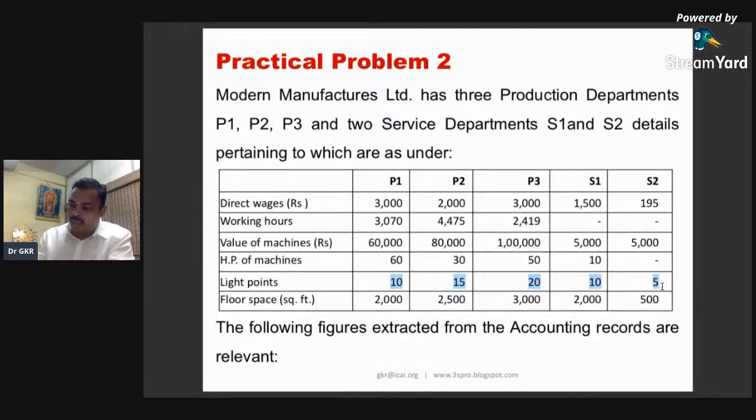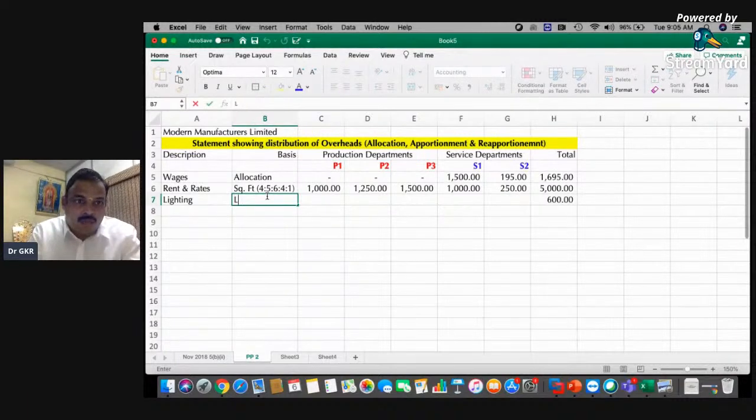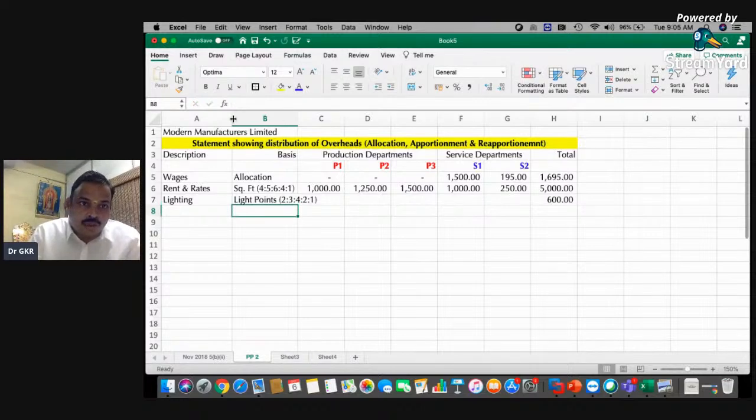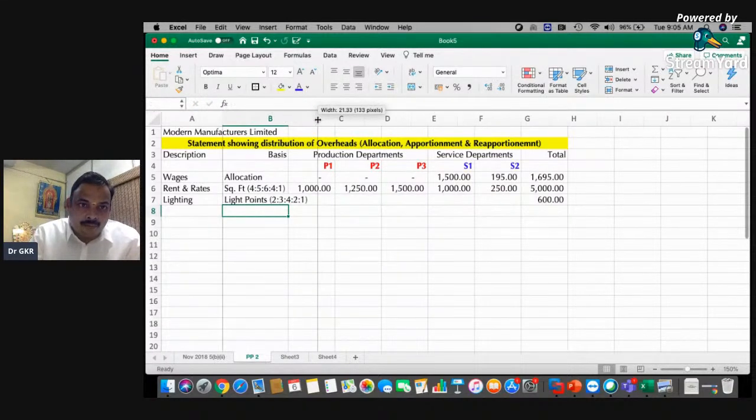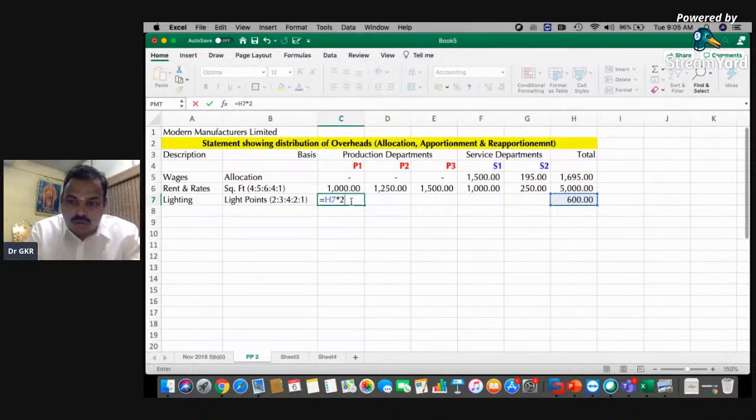So 2 by 12, 3 by 12, 4 by 12, 2 by 12, 1 by 12. So let me put that here as light points, LP. So the ratio is 2 is to 3 is to 4 is to 2 is to 1. So this is your ratio, which is 600 into 2 by 12.